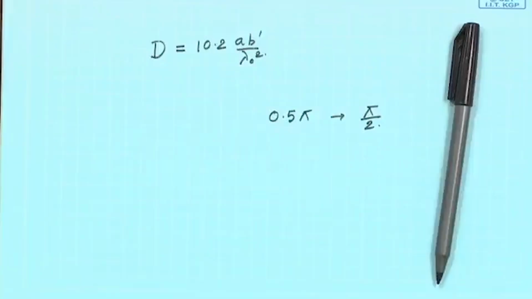So, why is it so? Why in the H plane can I go up to 3 by 4 pi and in the E plane only up to pi by 2? The reason is that in the H plane, the aperture field for a rectangular waveguide goes to 0 at the sides of the aperture, whereas in the E plane the aperture field is constant.